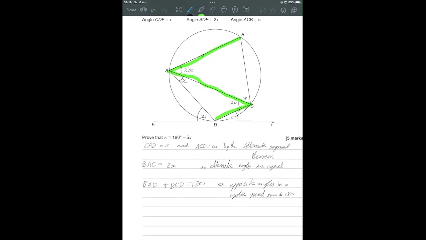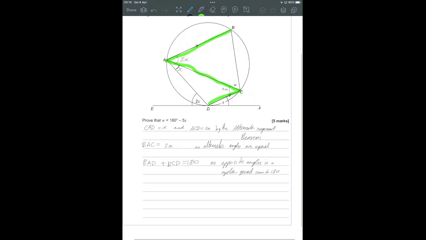Well, now that looks like we're basically there. We've managed to link x and w. Let's just make sure that we fill it in entirely. So 3x plus w plus 2x equals 180.